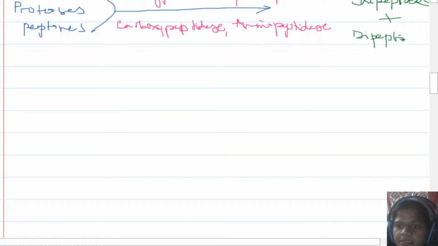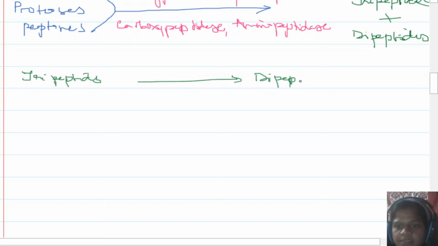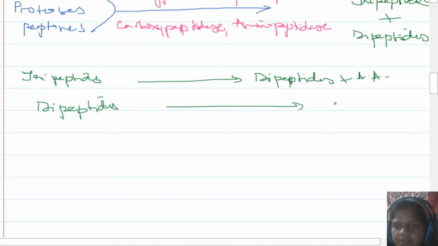This is not the end product of the protein digestion, right? Still more, these need to be broken down to amino acids. So the tripeptides are converted to dipeptides and amino acids. And the dipeptides are converted to amino acids.